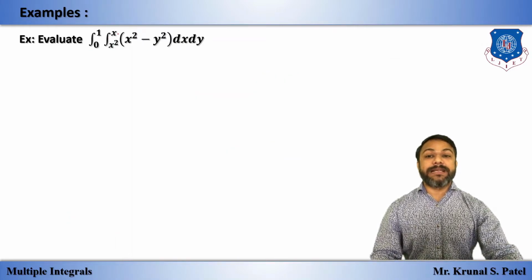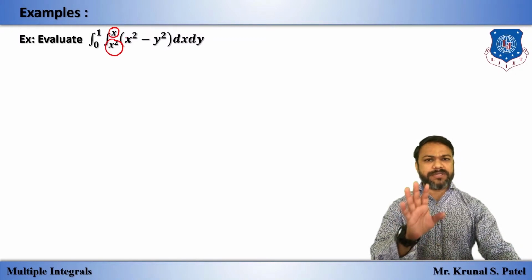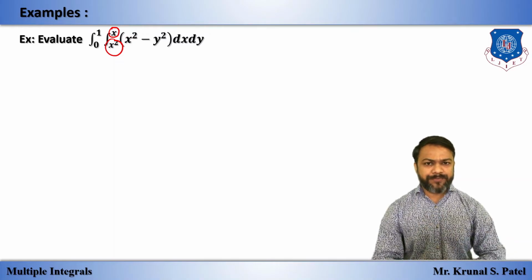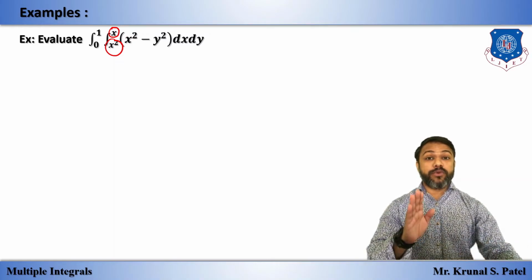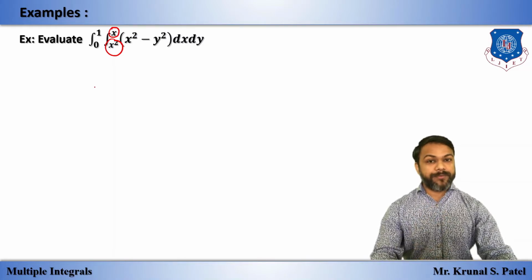Here you can see the inside limit is a variable. First we will see the case where the inside limit is variable. You cannot change the order without any rule.